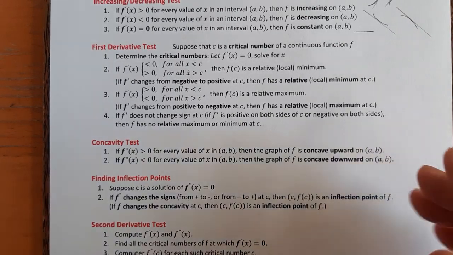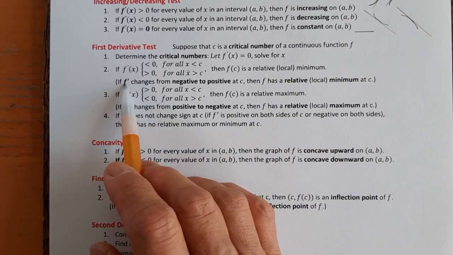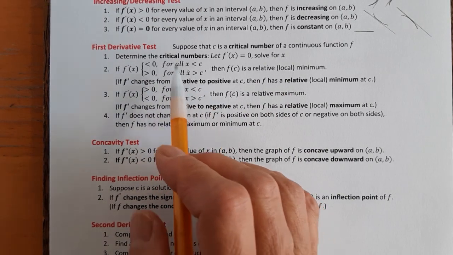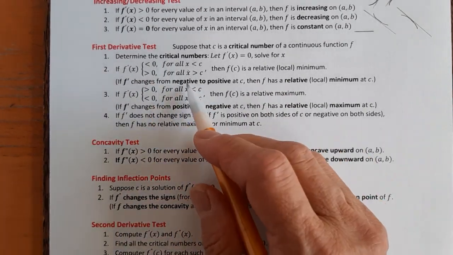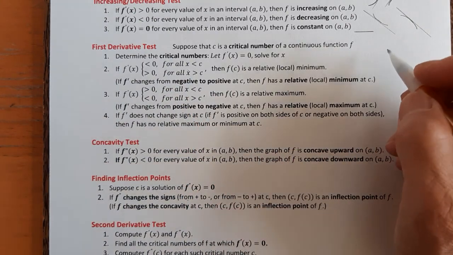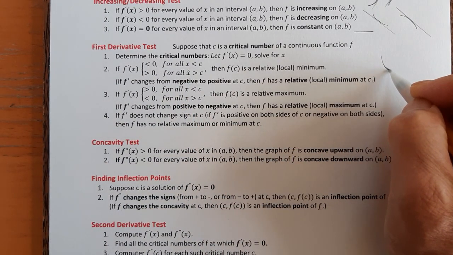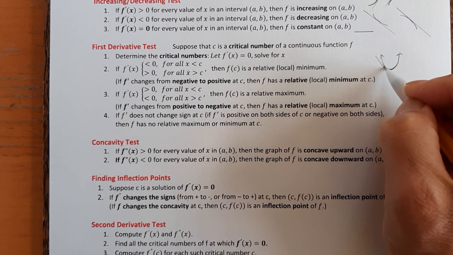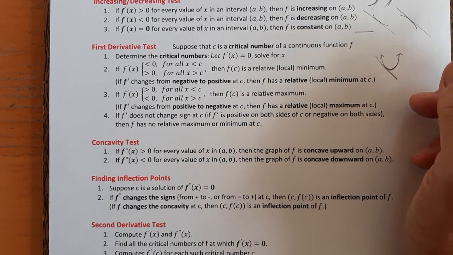Second one, if f prime changes from negative to positive: the first derivative is the slope of the tangent line. The tangent line falls down to the right, so the slope is negative.